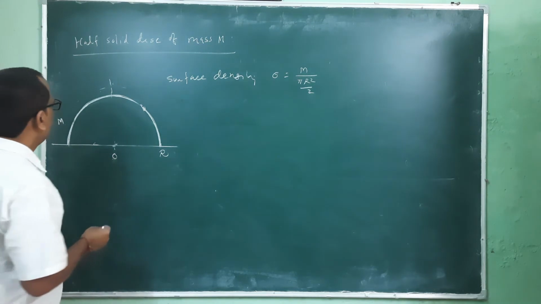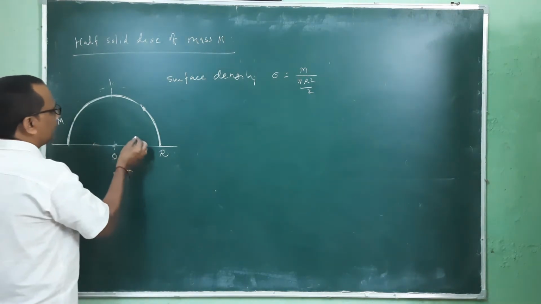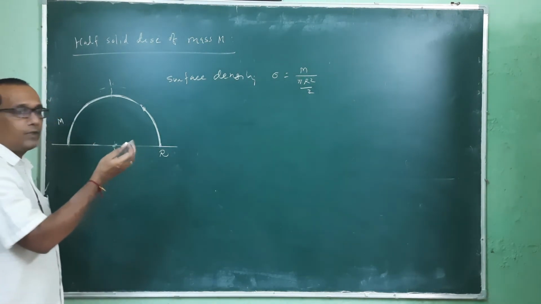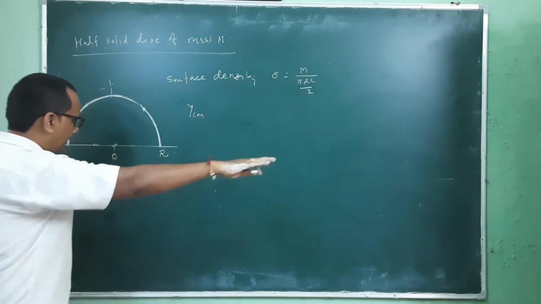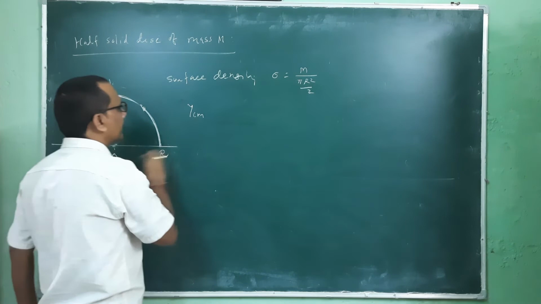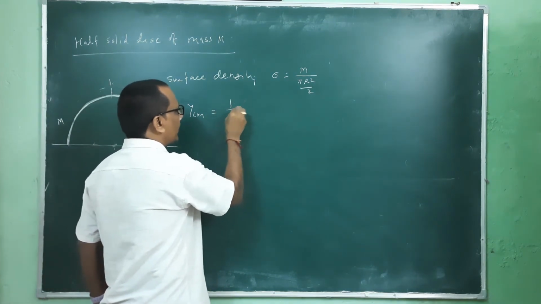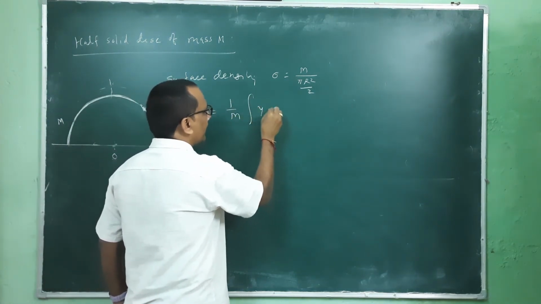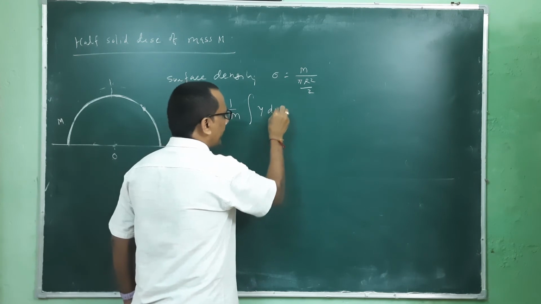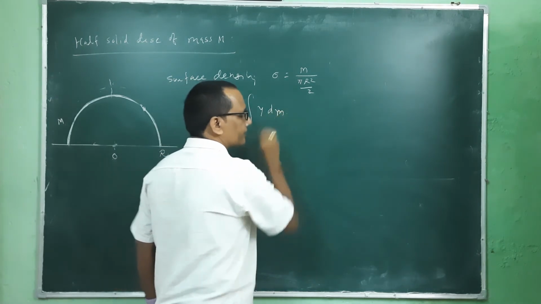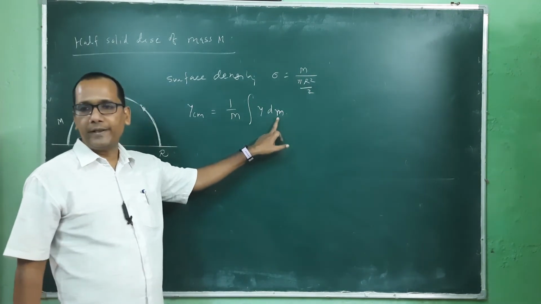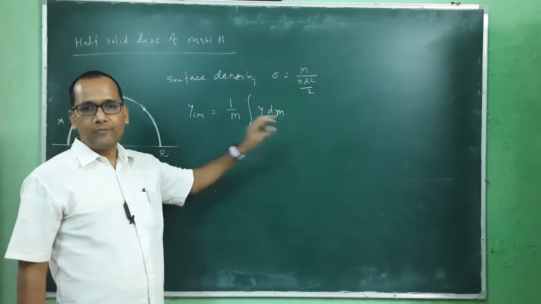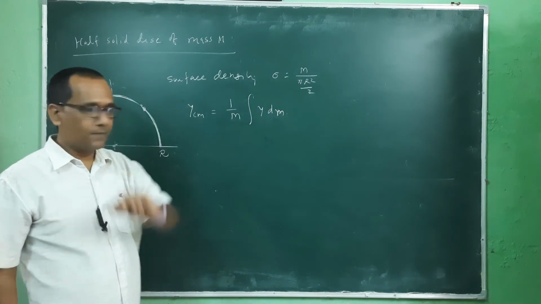Now we will take that segment dx. We will use that formula ycm, again along the y axis, because nothing is along the x axis, just ycm. So ycm is equivalent to 1 upon m integration of y dm. As usual, our first objective is to find this dm. So dm we will take as that small strip, that small segment.